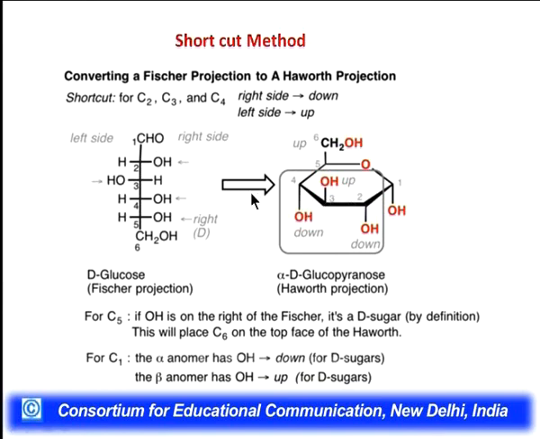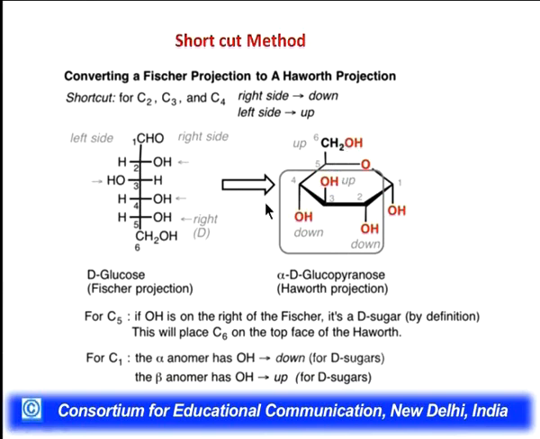So please remember, as I've said, the groups which are on the right will go down. We do not talk of the anomeric carbon, but if I talk of this second carbon, the OH is on the right, so it is on the lower side. The H I have not shown here, H will be here. Again the OH will be on the right hand side, again on the lower side, and this OH becomes the oxygen here, and this CH2OH, since it is the D form, will be written upwards.